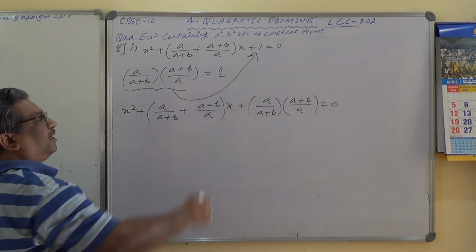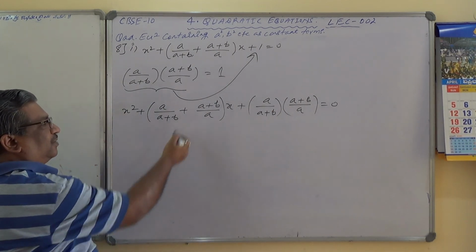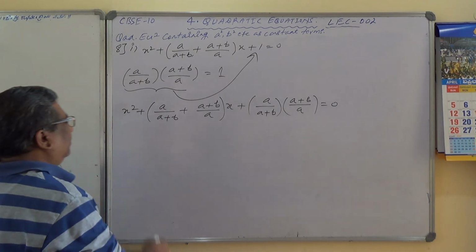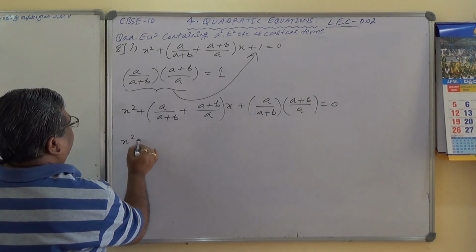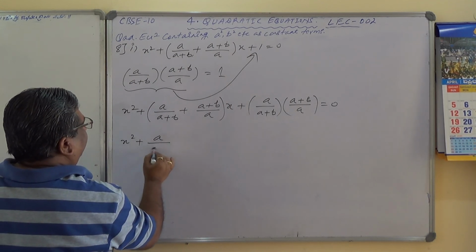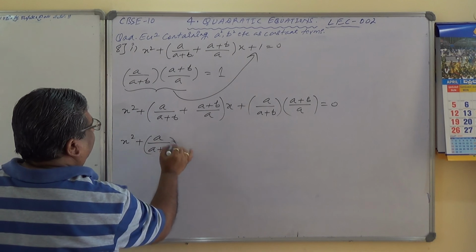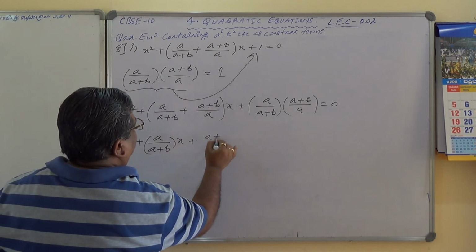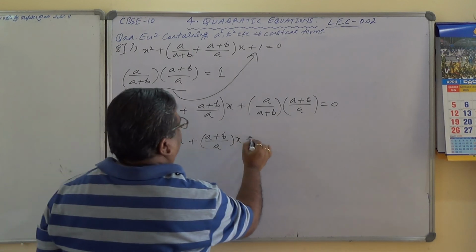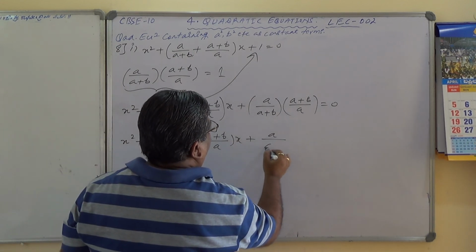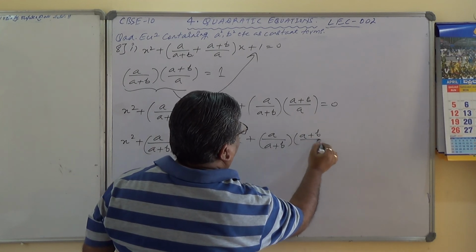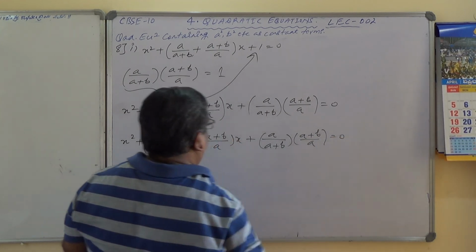Now try to get 4 terms, open this bracket, try to get 4 terms and take common, that is done, which equals x square plus a divided by a plus b times x plus a plus b divided by a times x plus a by a plus b into a plus b by a equals 0.